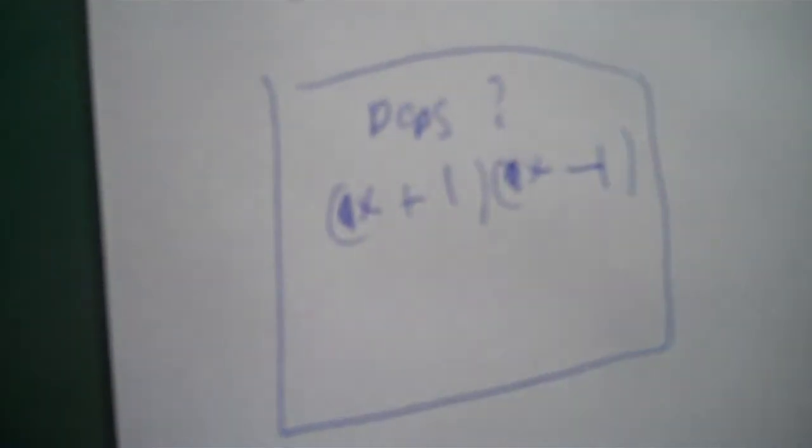You don't even really need to deal with the 1 in the front. You could just write x times x if it's 1. And then 1's 1 times 1. This 1 you got to write. So it's 1x, 1x, 1, 1. You can take the 1's off the front. And it's just x plus 1 times x minus 1. So we replace the x second minus 1 with x plus 1, x minus 1.